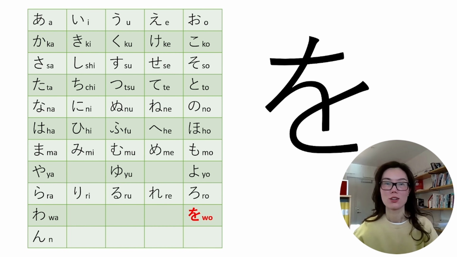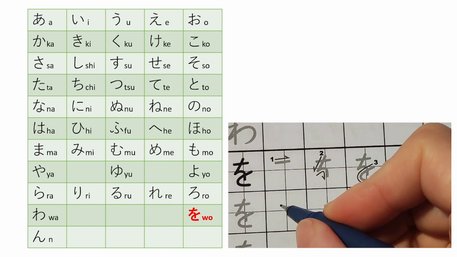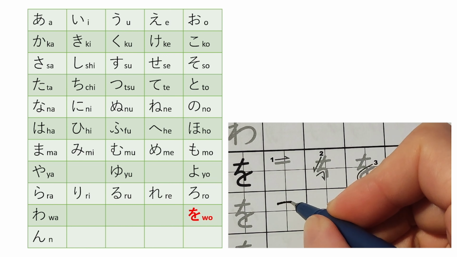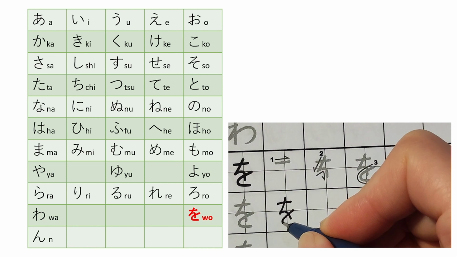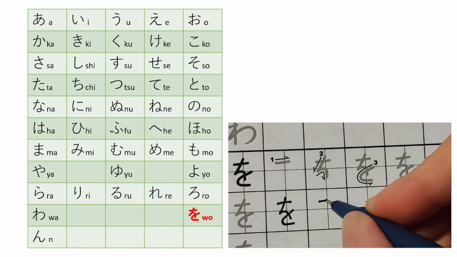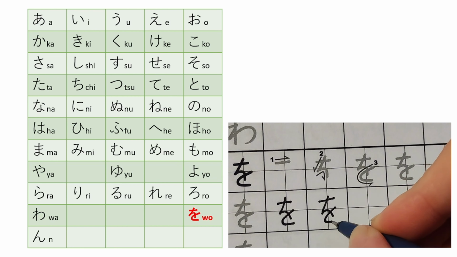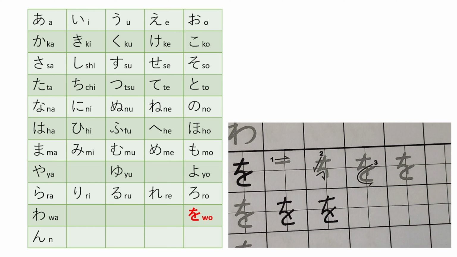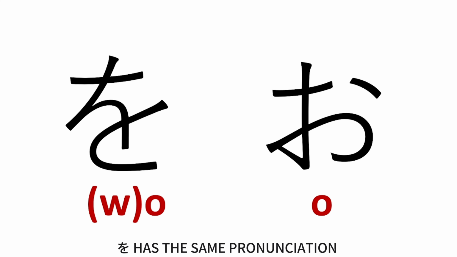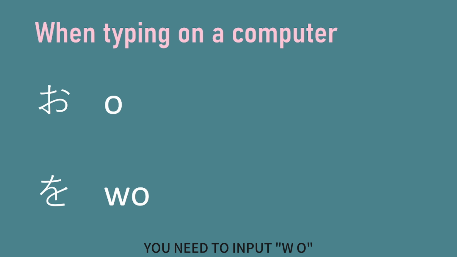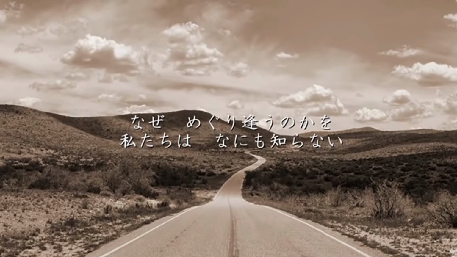O has the same pronunciation as the vowel O. When typing on a computer, you need to input W-O.